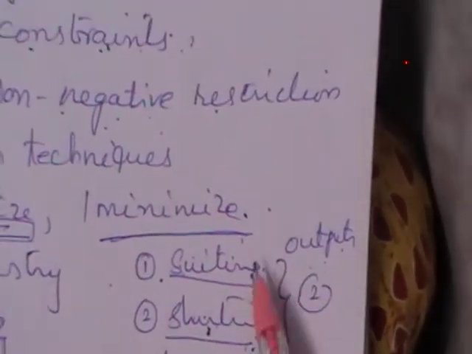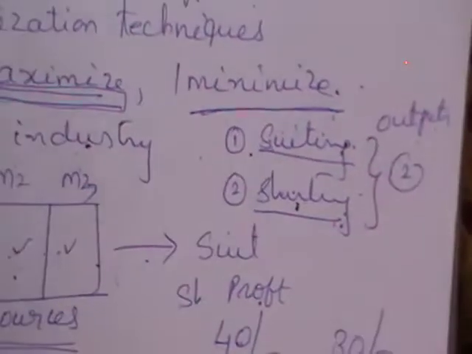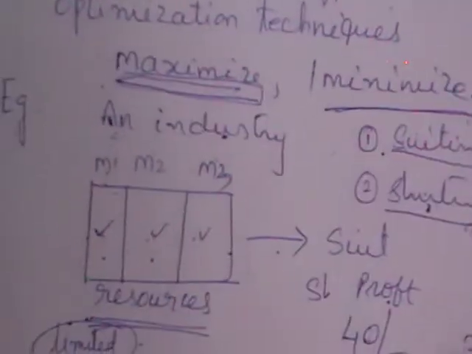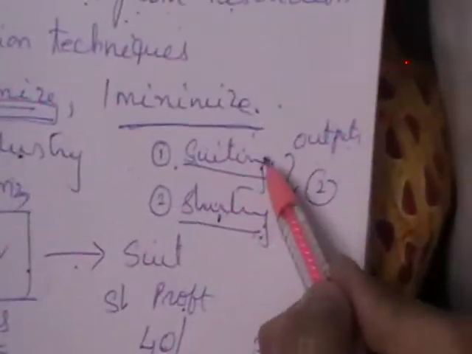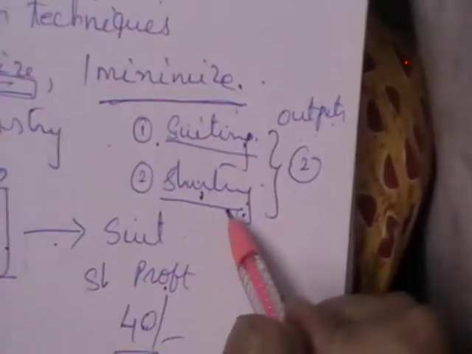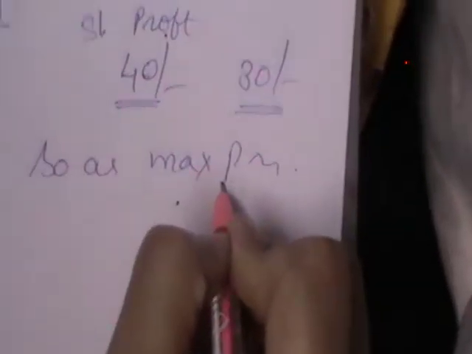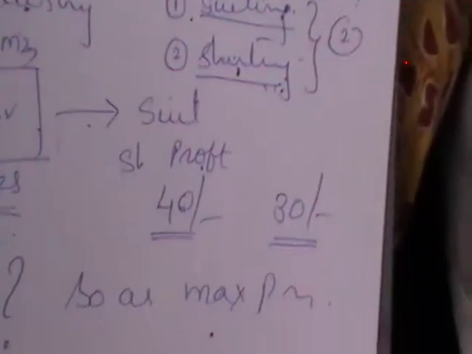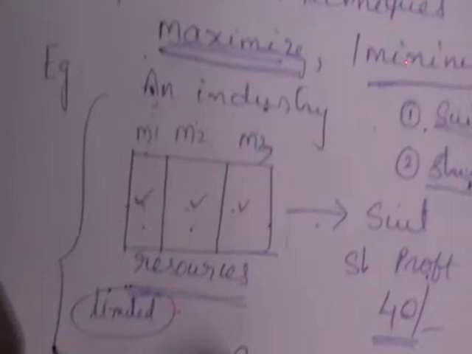If it is a problem of cost, you should go for minimization. If this is the situation, how many suitings and shirtings should be produced so as to maximize the total profit? For that, you need to solve such problems.